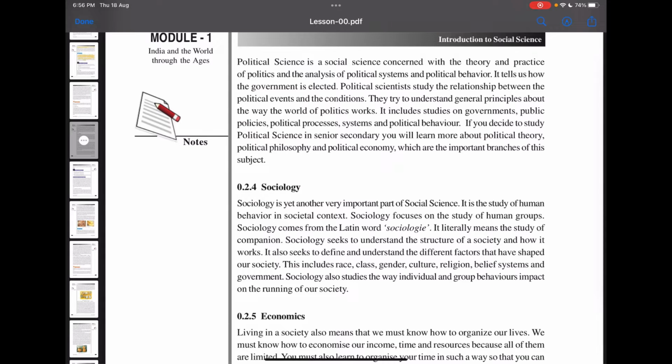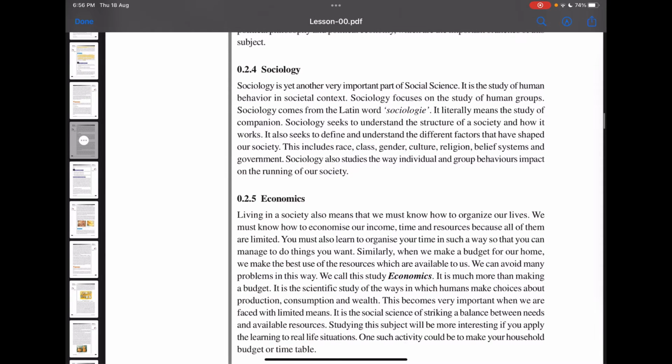Sociology is yet another important part of social science. It is the study of human behavior in societal context. Sociology focuses on the study of human groups. Sociology comes from the Latin word socius. It literally means the study of companions. Sociology seeks to understand the structure of a society and how it works.